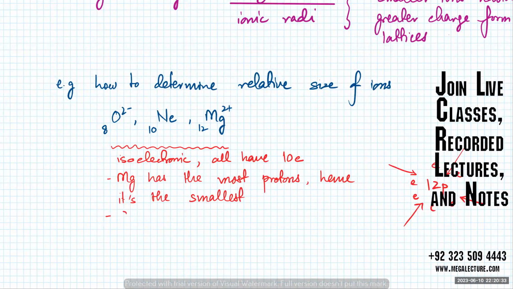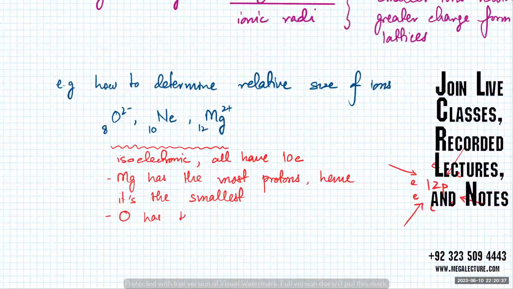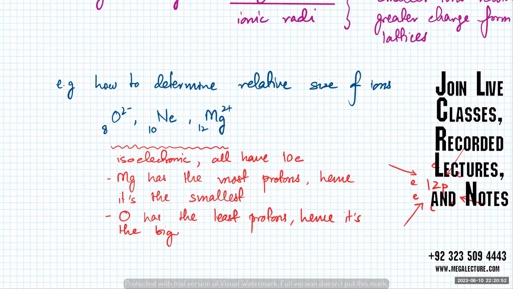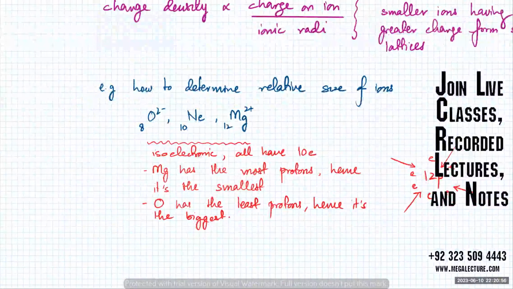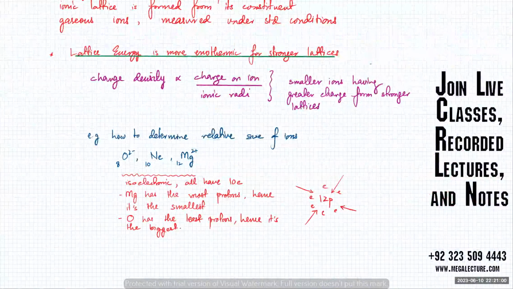The oxygen has the least protons, hence it's the biggest. It's going to have the least attraction. So that's how you determine the relative size of ions.